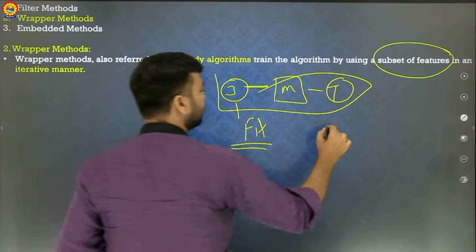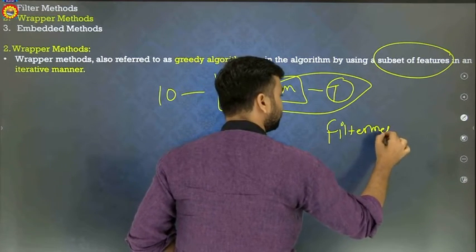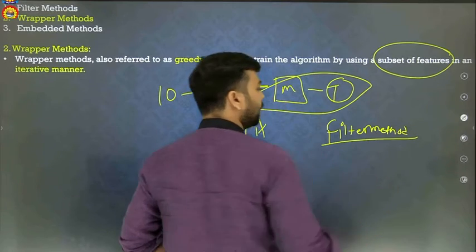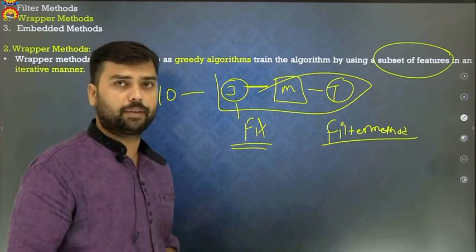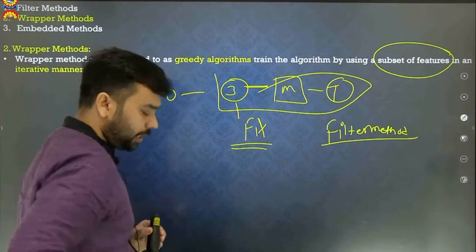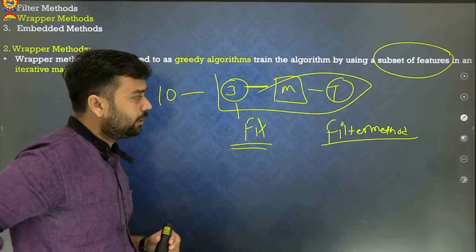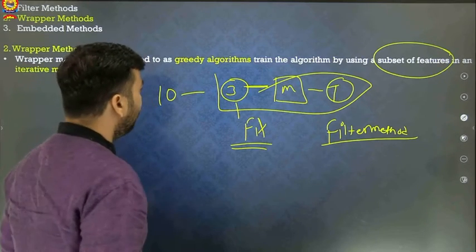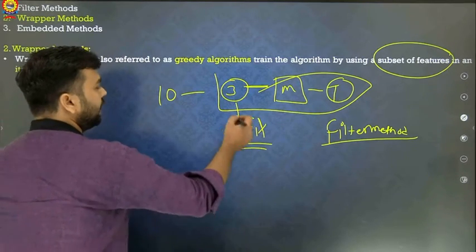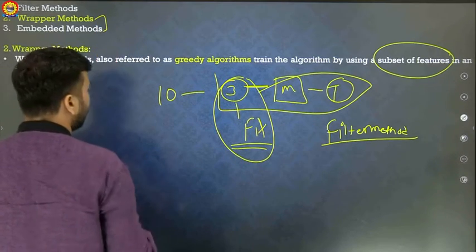In the case of the filter method, the subset is fixed. But in the case of the wrapper and embedded methods, we are generating the subset.